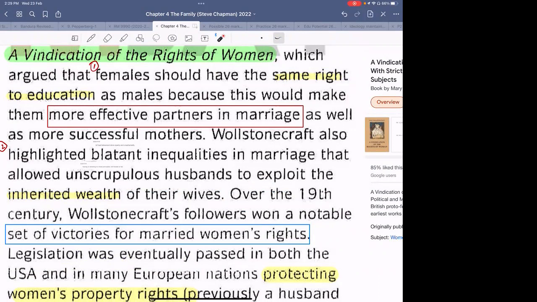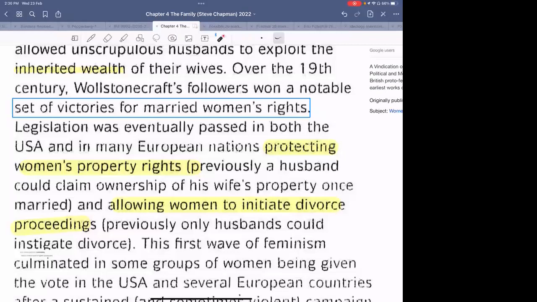Remember, this book was written in the 18th century, 1792. Over the 19th century, Wollstonecraft followers won a notable set of victories for married women's rights. Legislation was eventually passed in both the USA and in many European nations protecting women's property rights. Previously, a husband could claim ownership of his wife's property once married, and legislation also allowed women to initiate divorce proceedings.